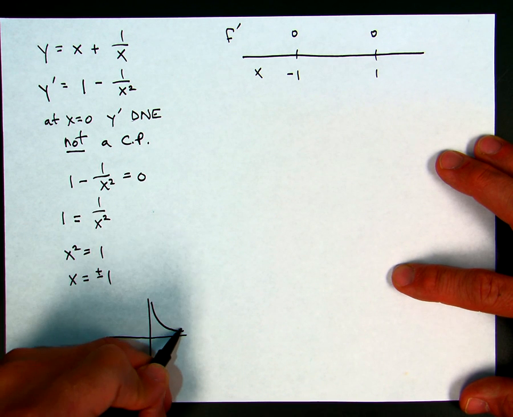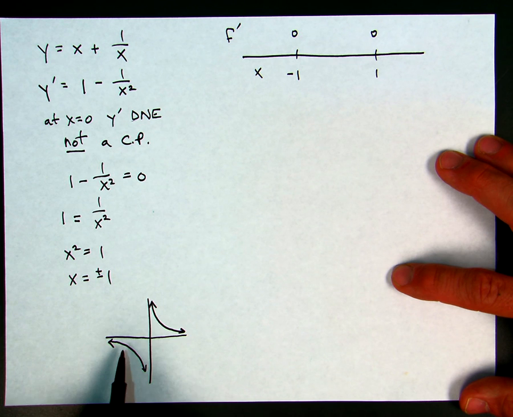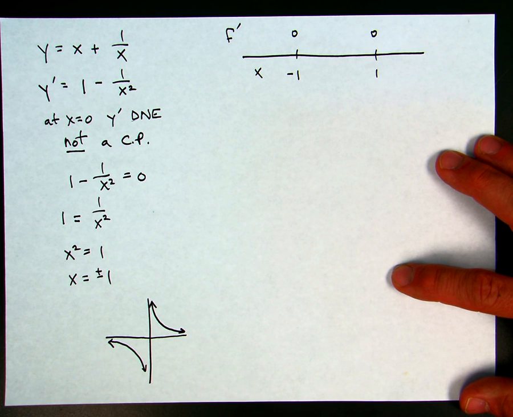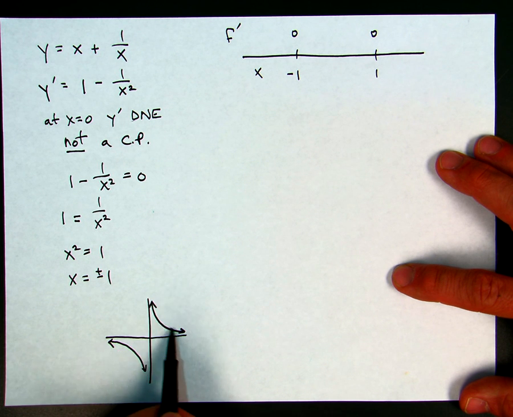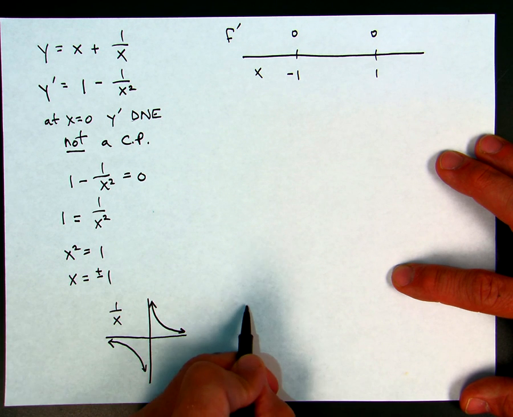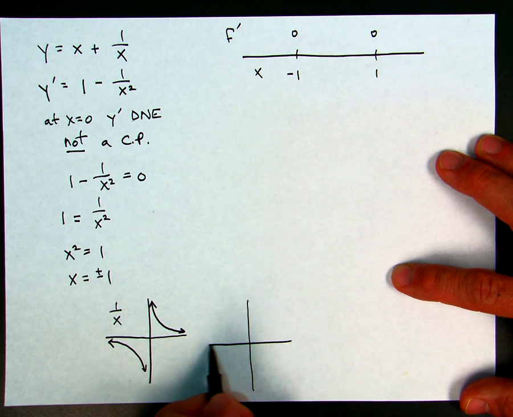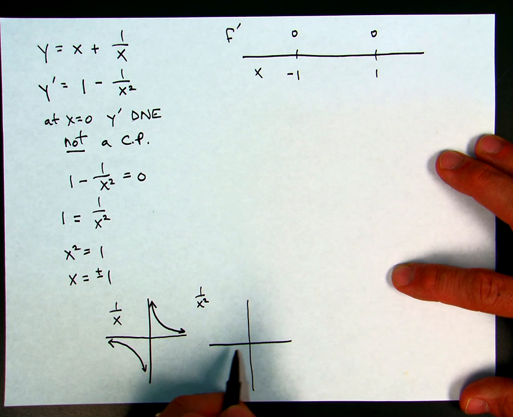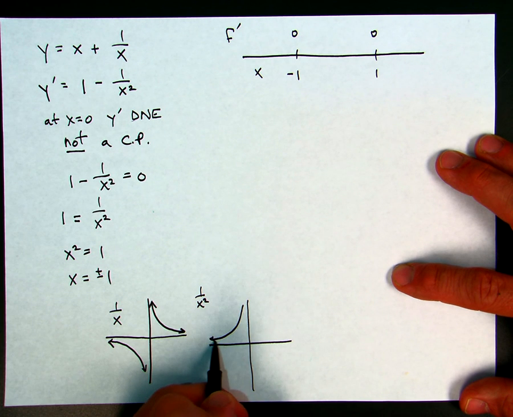All right. So you can see here that as we move along here, the function is decreasing, right? The function values are getting smaller here. But if you think about something like 1 over x squared, then I've got something that looks like this.